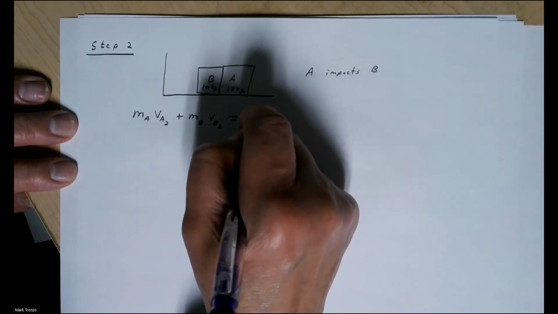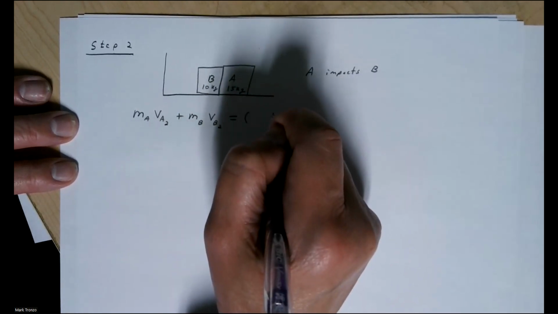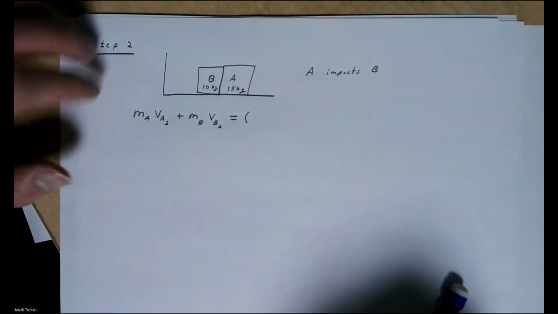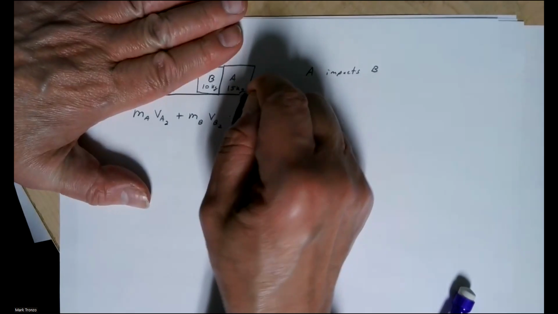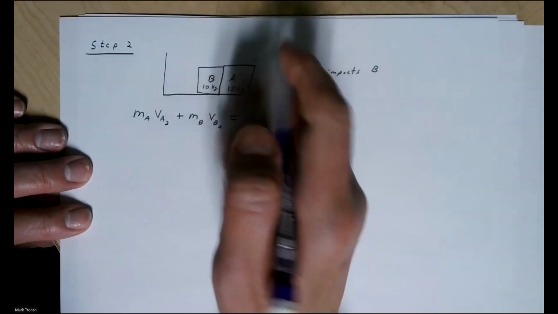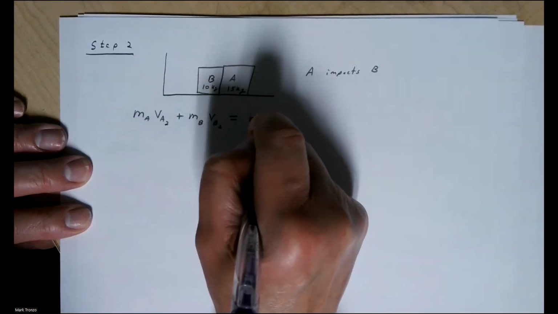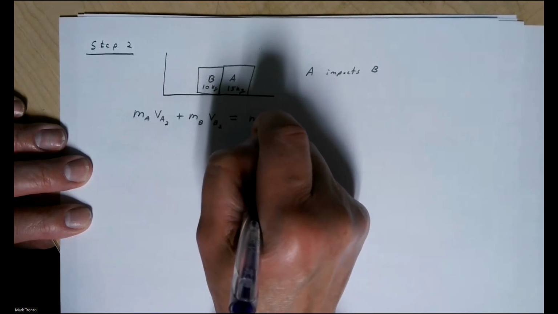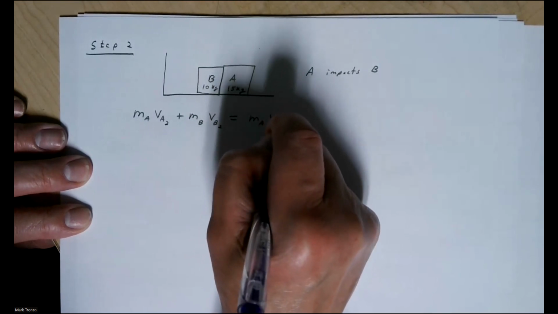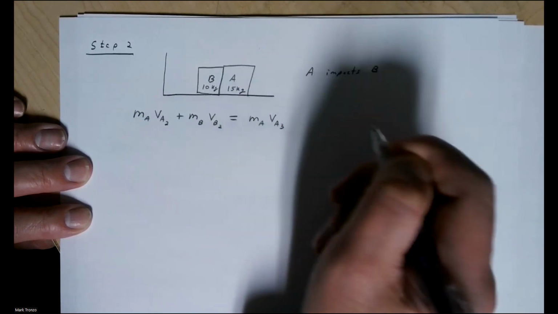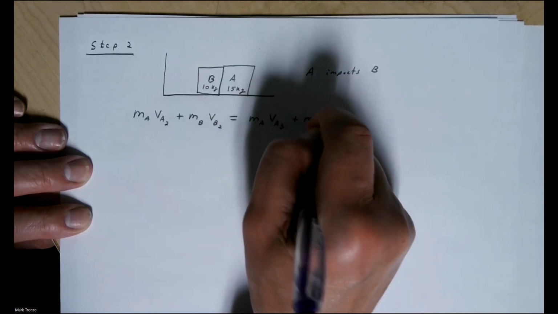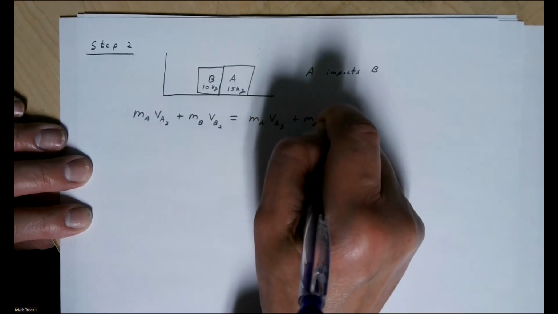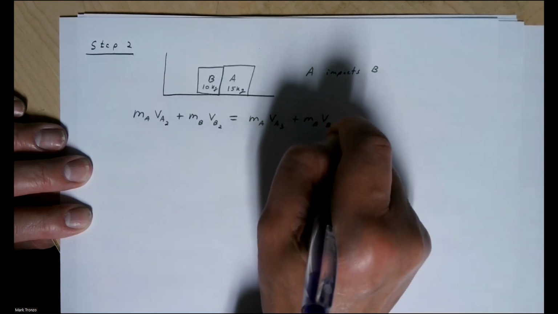And then the velocity just after impact is going to be MA VA, maybe let's call it 3, just after impact, MB VB3.